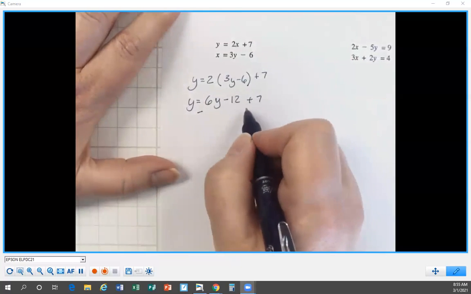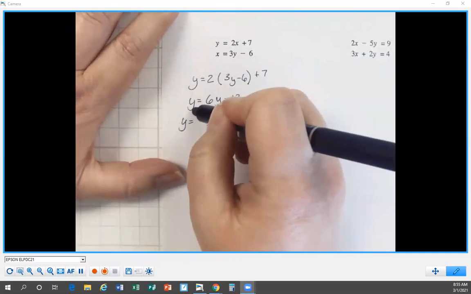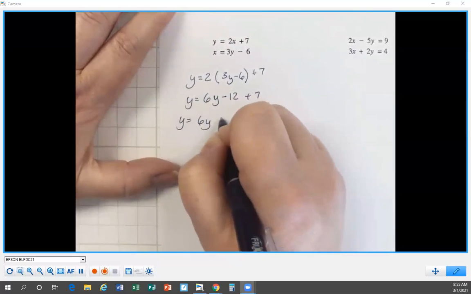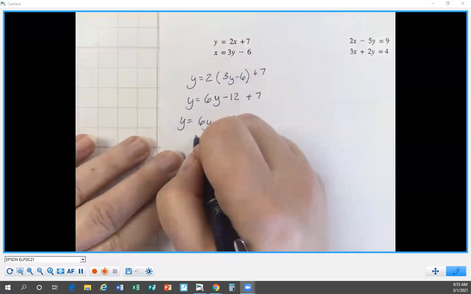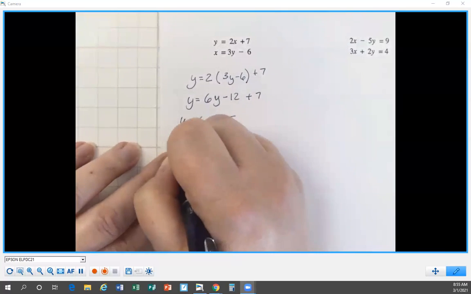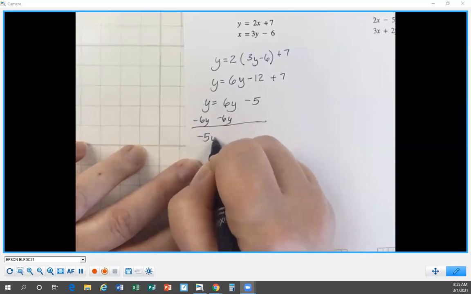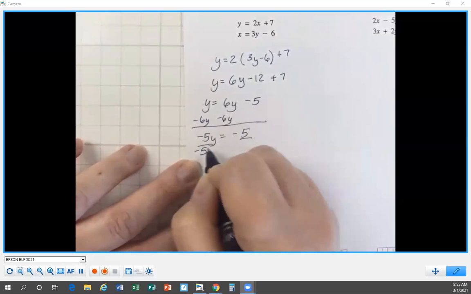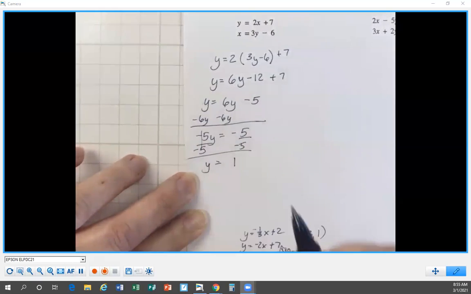All right, so then y equals, we'll combine our like terms here, 6y minus 5, and then subtract 6y from each side. We get negative 5y equals negative 5. Divide each side by negative 5 to get y equals 1.